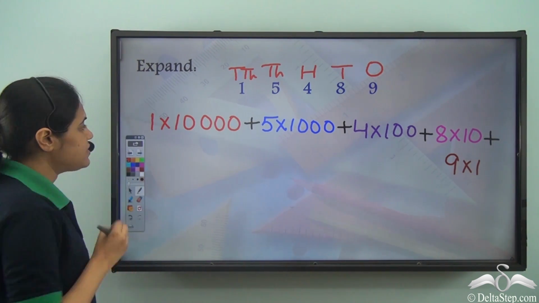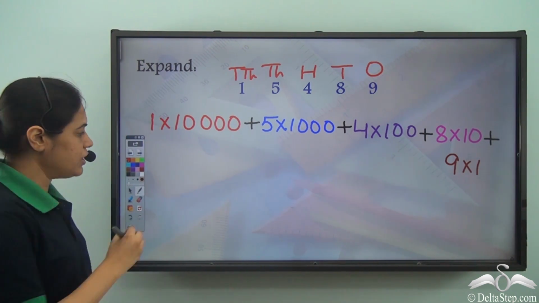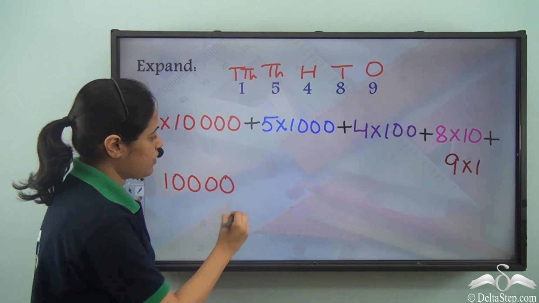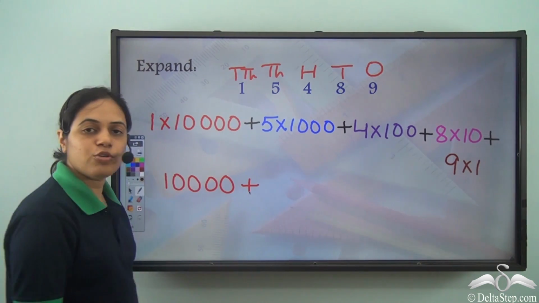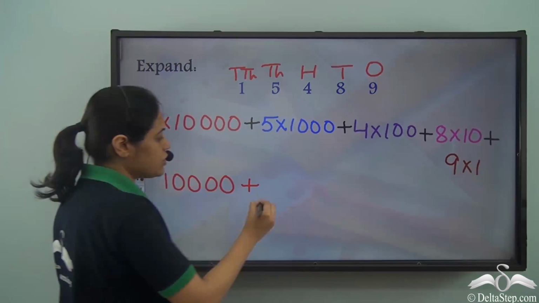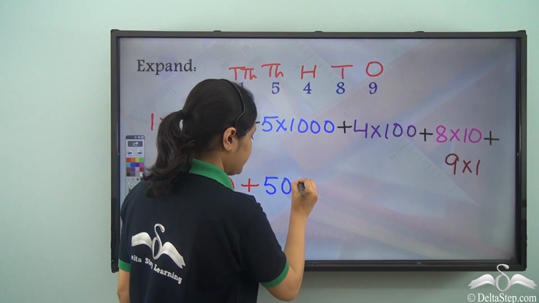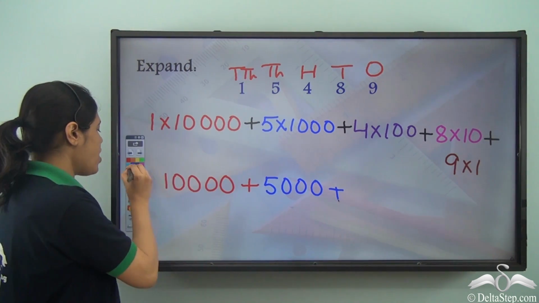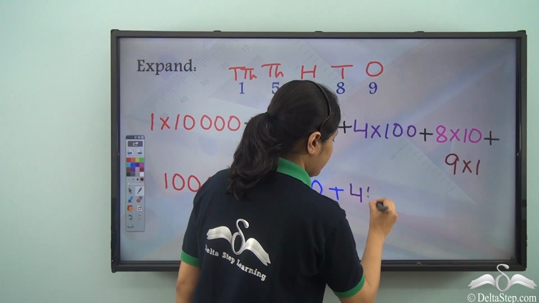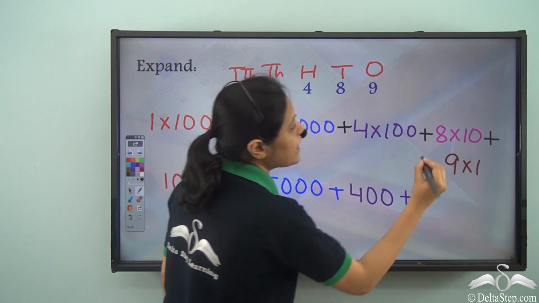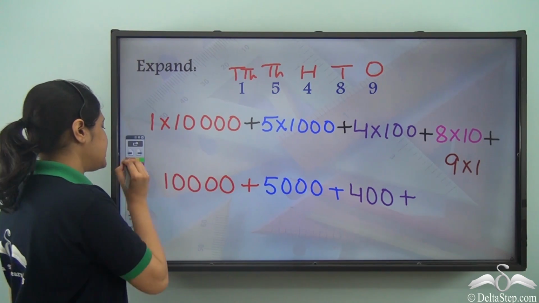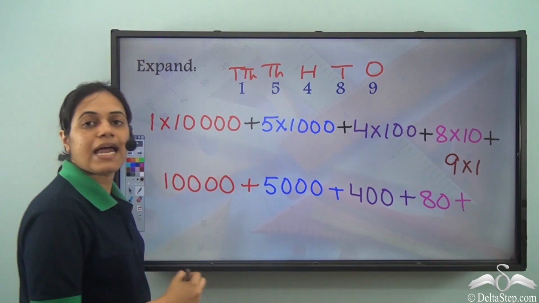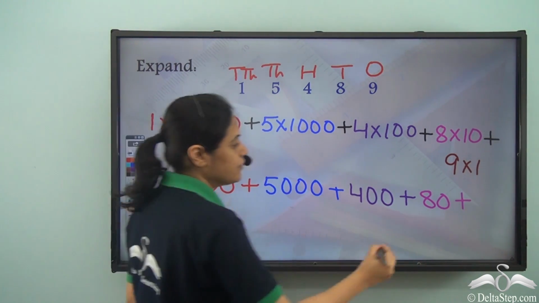So this becomes 1 into 10,000 is 10,000, plus 5 into 1000 is 5,000, plus 4 into 100 is 400, plus 8 into 10 is 80, plus 9 into 1 is 9.